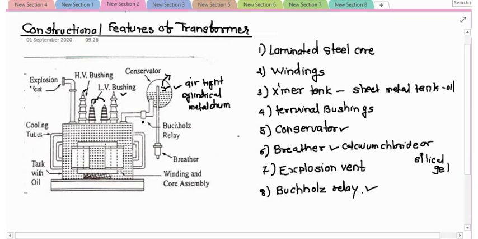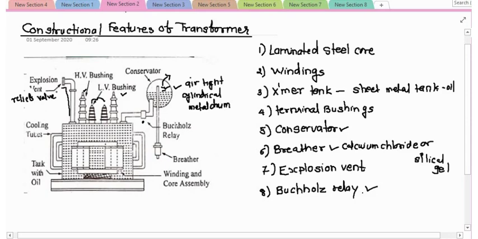Okay. Then the last one is your explosion vent. This is the bent pipe. This one is your explosion vent. It is a bent-up pipe fitted on the upper surface of the tank, known as the explosion vent, or it is also called a relief valve.